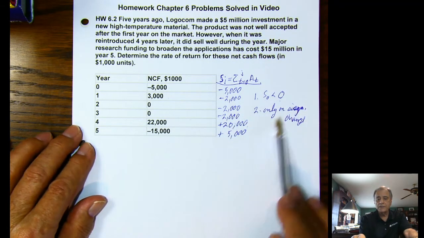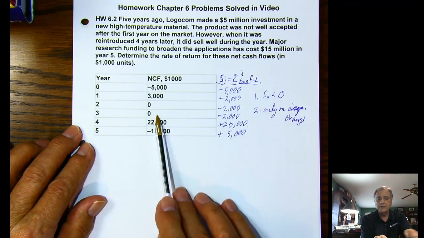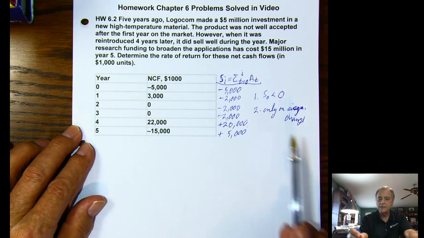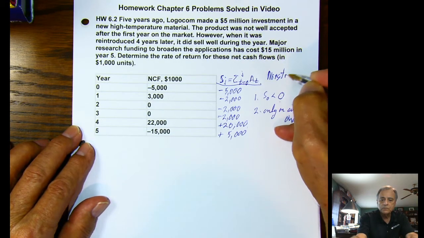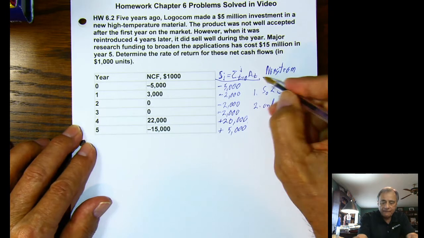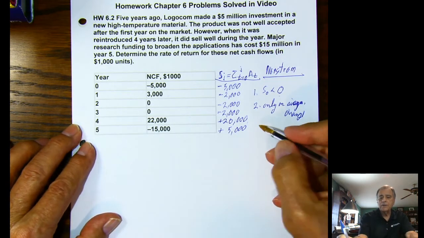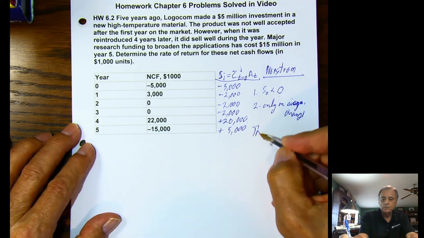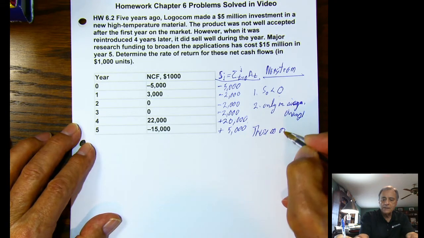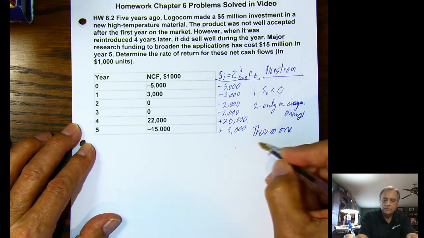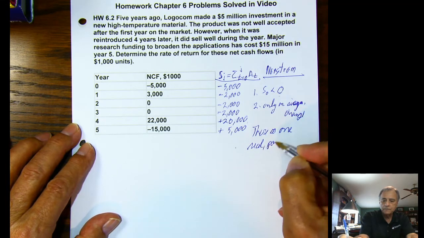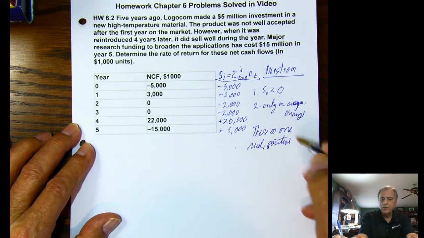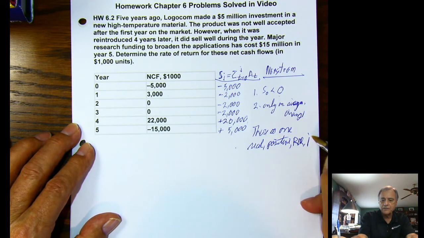So this is telling us that, because Nordstrom's criterion is met, there's one real positive rate of return, internal rate of return, I star.